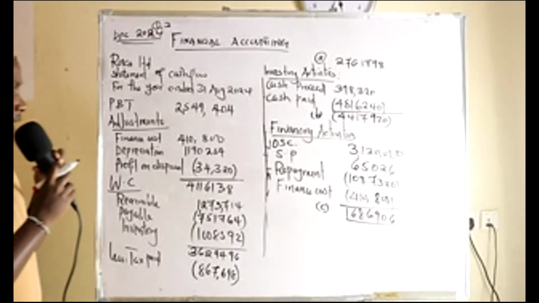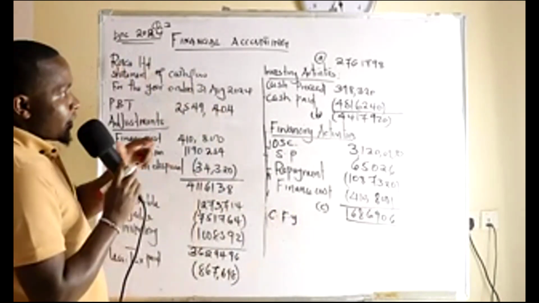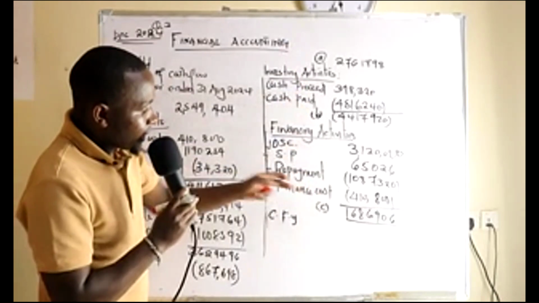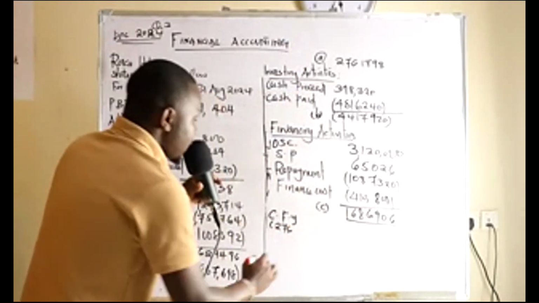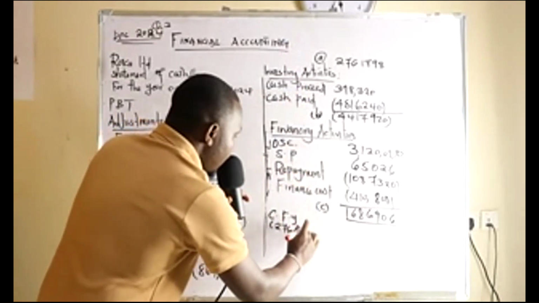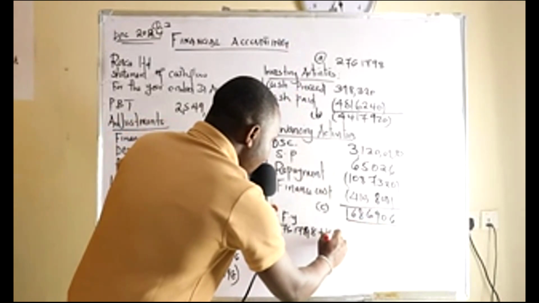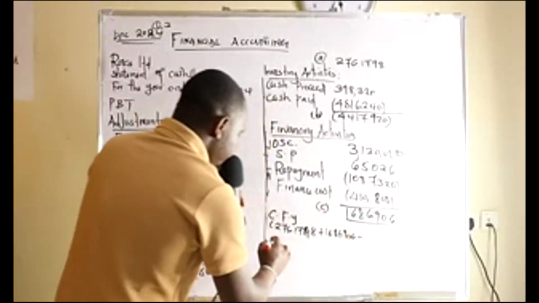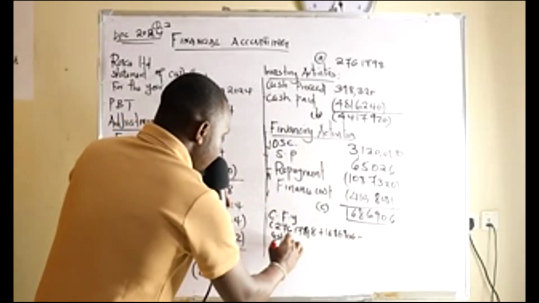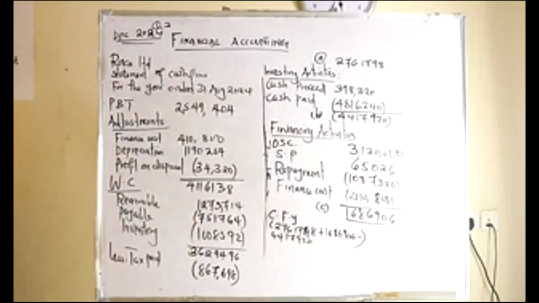So let's get the cash flow for the year. The cash flow for the year, I will take A plus B plus C. So I will take 2,761,798, plus 1,686,906, because it is a positive, minus 4,417,920, which will give us a total of 30,780.